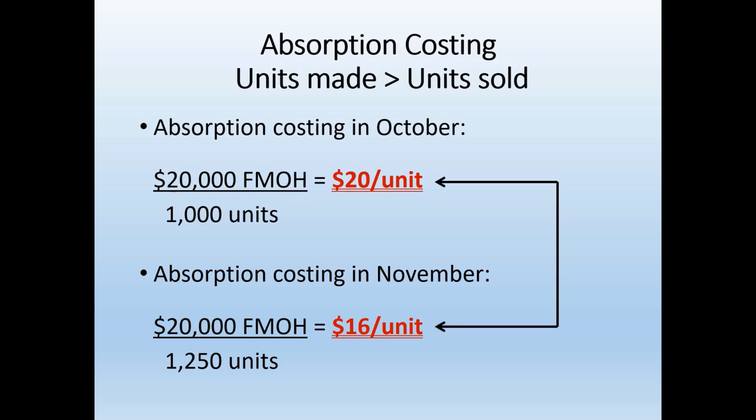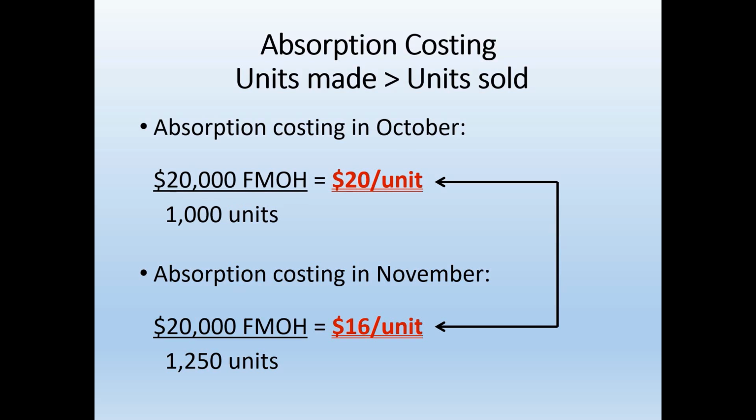In other words, the difference in our understanding of how much it cost us to make each unit in October versus November comes from the fact that we made more units in November.